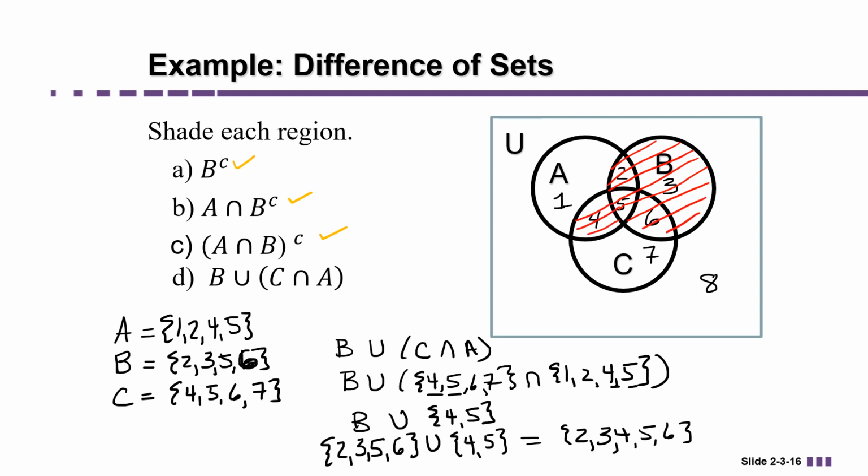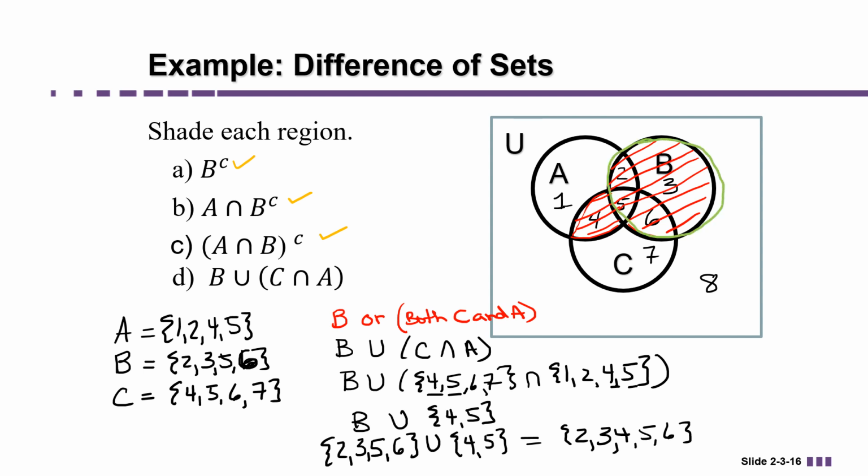Now let's see if this makes sense, what we have shaded here. So what I mean by that is, what was this saying in words? This was saying we wanted everything in B, or everything that's in both C and A. Okay, so everything in B would be the part that's in the circle B, which is here.